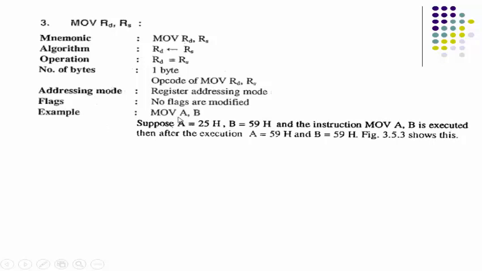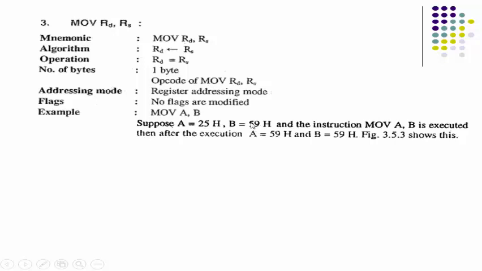For example, suppose the instruction MOV A, B. In this case B is the source register and A is the destination register. Suppose in accumulator or A register we are having 25hex and in B register 59hex, and suppose this MOV A, B instruction gets executed.